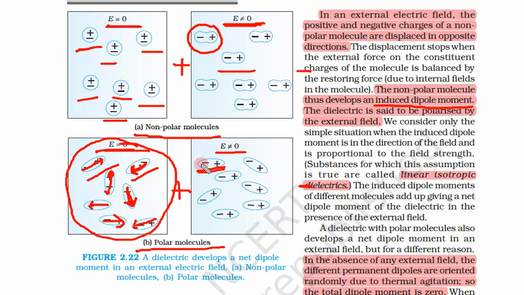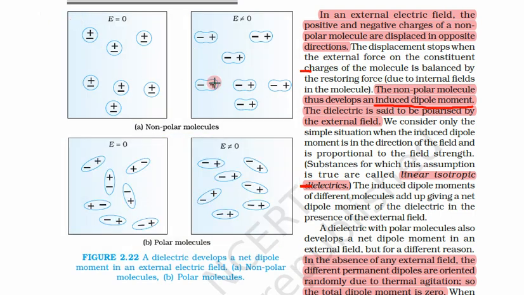Now there is a direction: negative charges are toward the left side while positive charges are towards the right side. So they are aligning and this alignment is reducing the overall polarization in the material.